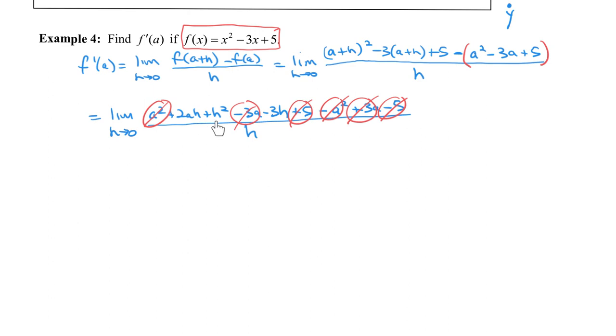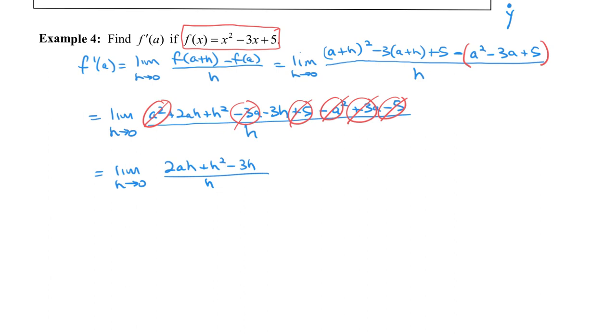Look at everything that's left. Everything that's left has a factor of h, right? So this gives us the limit as h approaches 0 of 2ah plus h squared minus 3h all over h. And now, although we're still in 0 over 0, if I plug in a 0 for h, I'm going to get 0 plus 0 minus 0, which is 0 over 0.